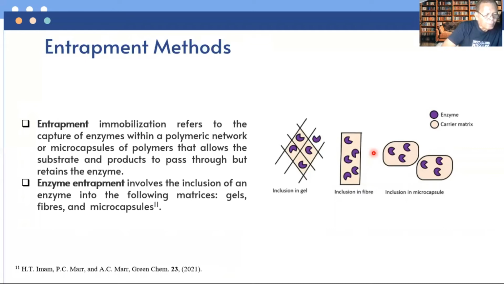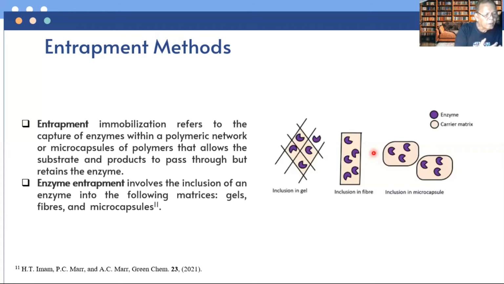After entrapment, the enzyme proteins are not attached to the polymeric matrix or capsule, but their diffusion is constrained. In entrapment, the enzyme or cell is not directly attached to the surface, but simply trapped inside the polymer matrix. Enzymes are held or trapped within a suitable gel or fiber, in such a way as to retain protein while allowing penetration of the substrate.